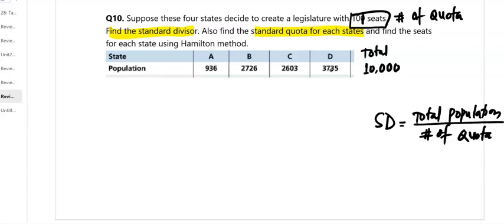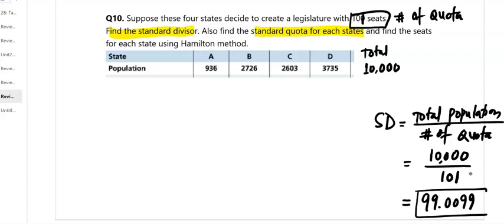So 10,000 divided by 101 gives 99.0099, and I keep up to 4 decimal places, as the standard divisor.